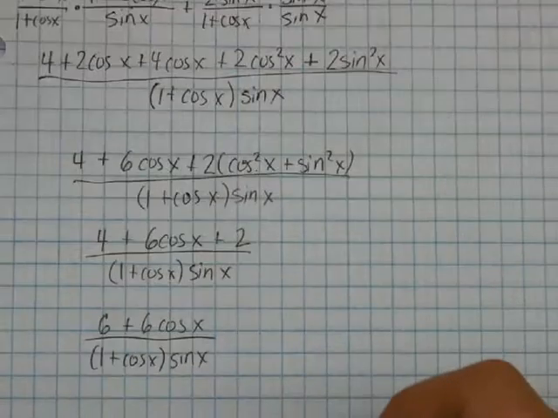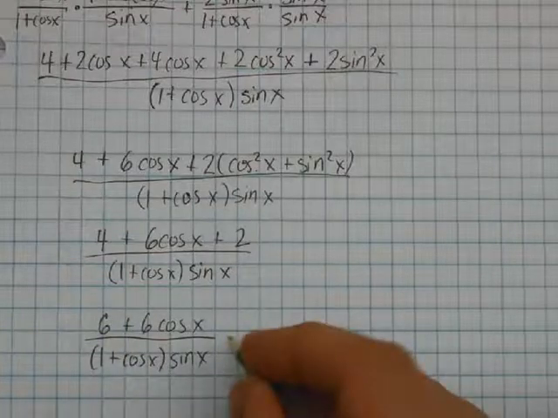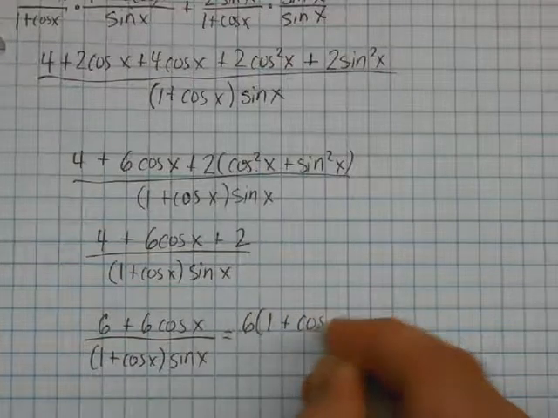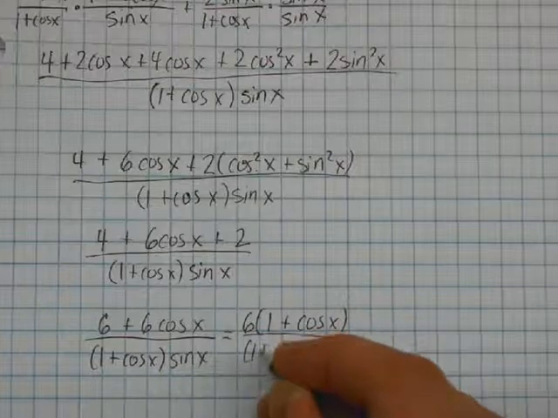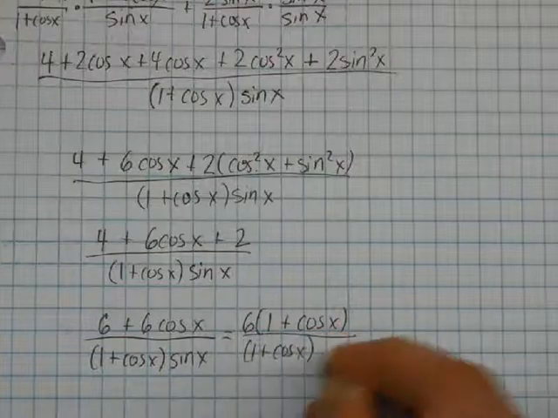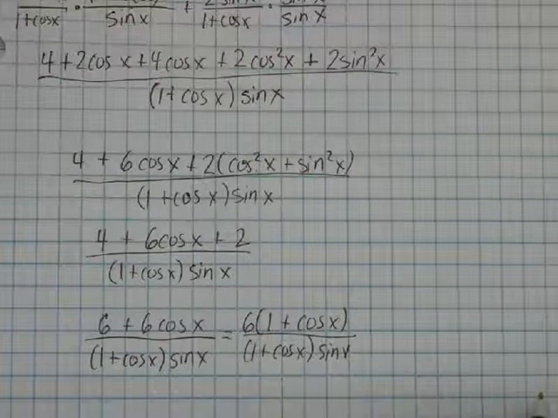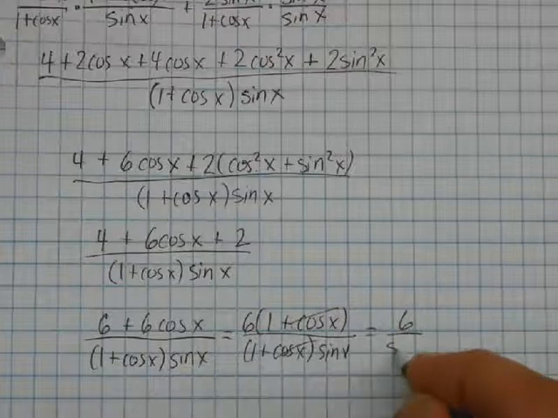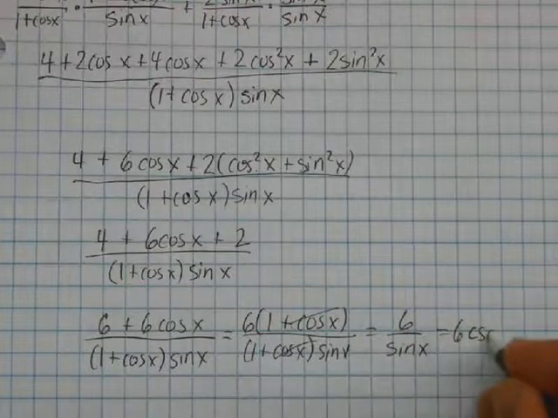At this point, you may recognize that I could factor out a 6 from the top, which would give me 1 plus cosine x. So we get 6 over sine x, or 6 times cosecant x.